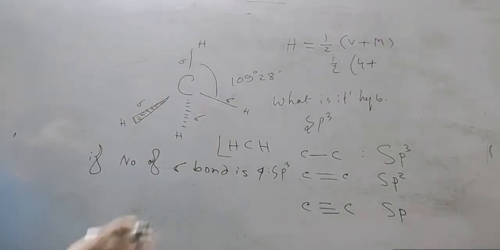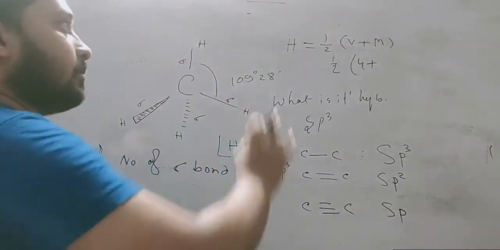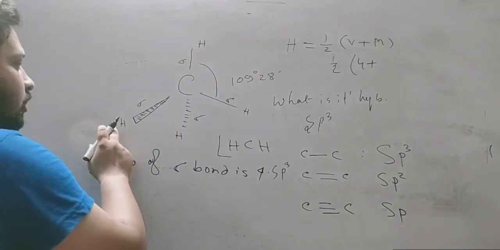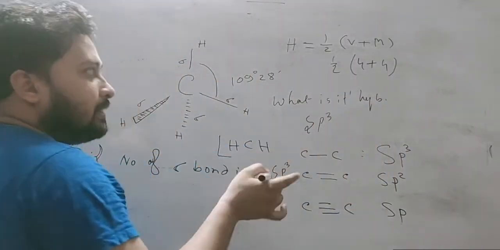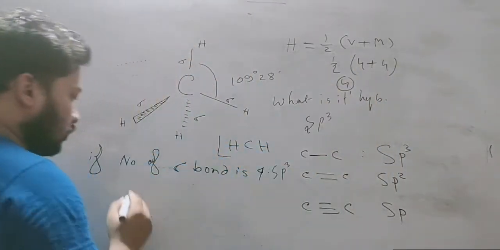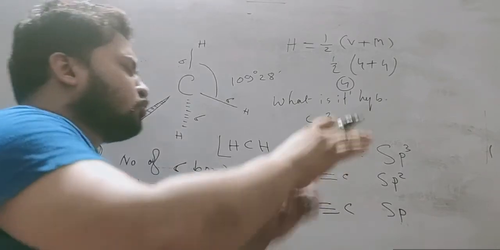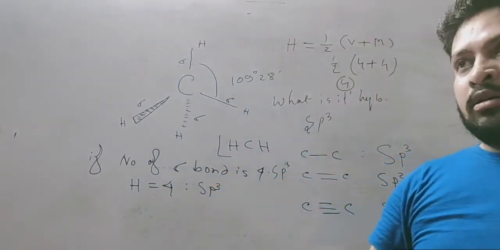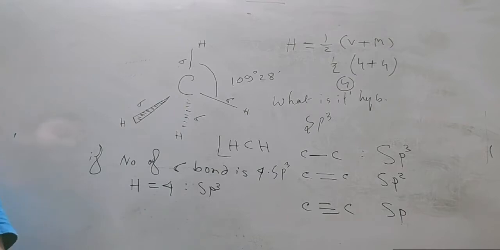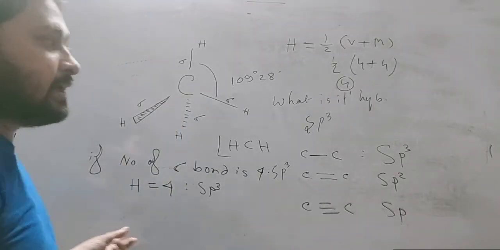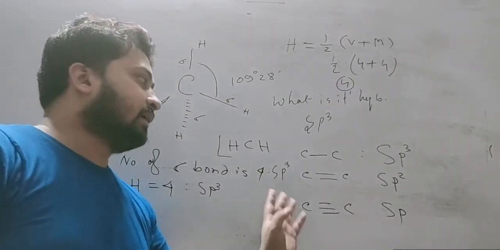The number of hydrogen atoms is 4, and hydrogen is a monovalent atom. So 8 divided by 2 equals 4, and if H is 4, that is also sp3. So there are many ways to say easily that this carbon has sp3 hybridization. Is it clear to you?